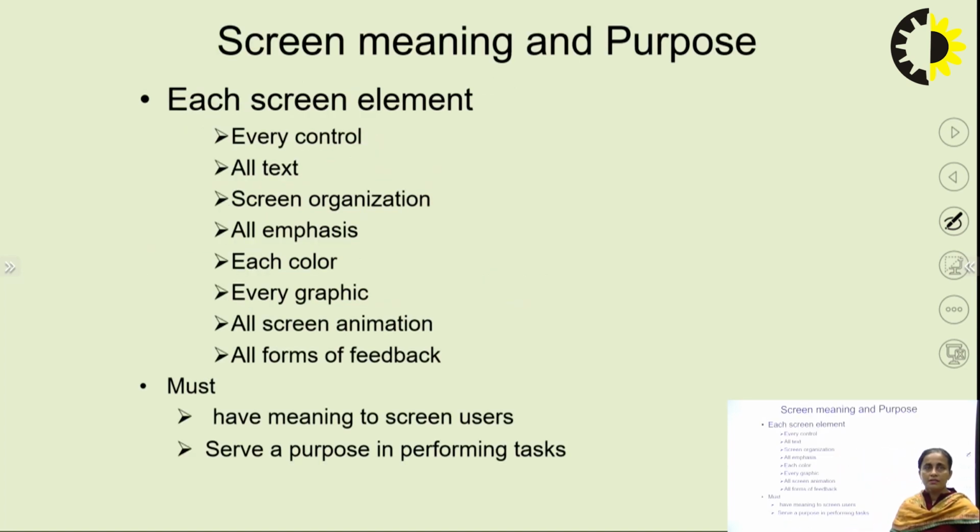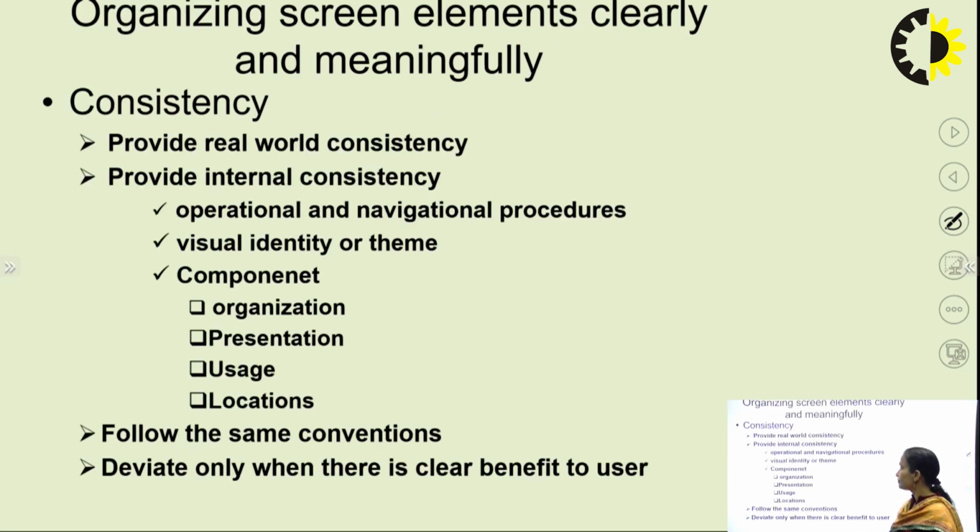Then what is screen meaning and purpose? Here, every screen element is considered: every control, all text, the screen organization, how emphasis is drawn, how every color and every graphic looks, all screen animation, and all types of feedback.